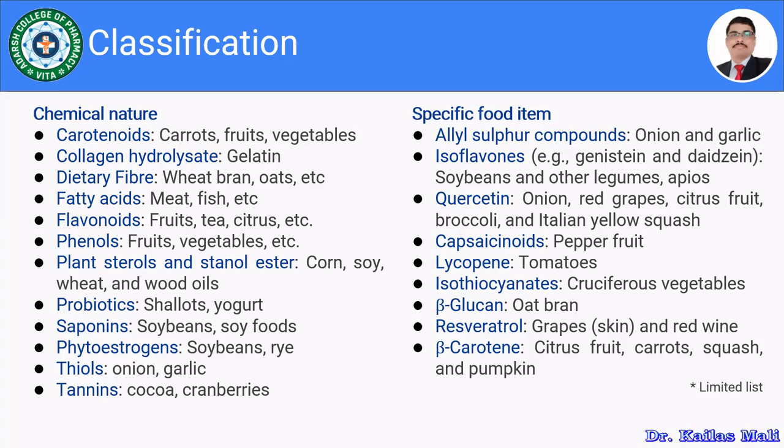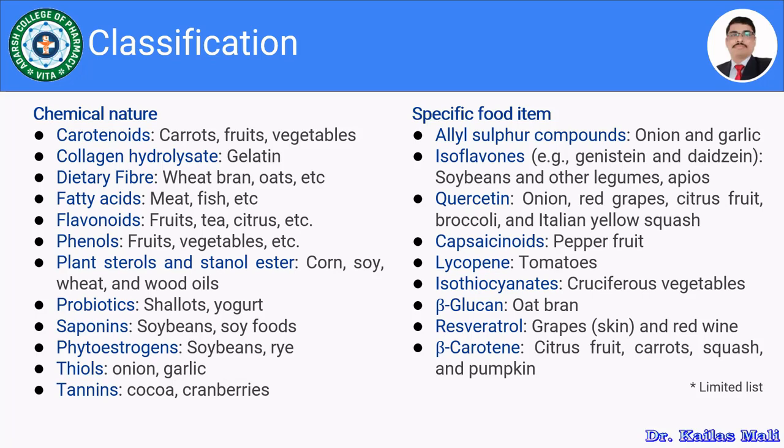So allyl sulfur compounds are present more specifically in the onion and garlic. Then isoflavones, for example, genistein and daidzin, which are present in the soybeans and other legumes and apios. Then quercetin, which is present in the onion, red grapes, citrus fruit, broccoli, and Italian yellow squash.